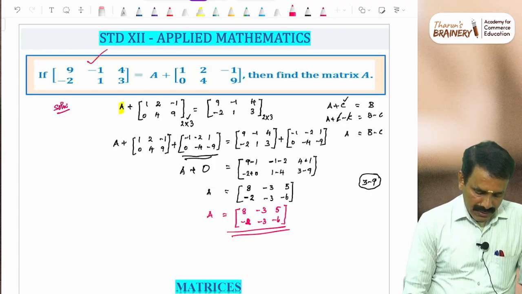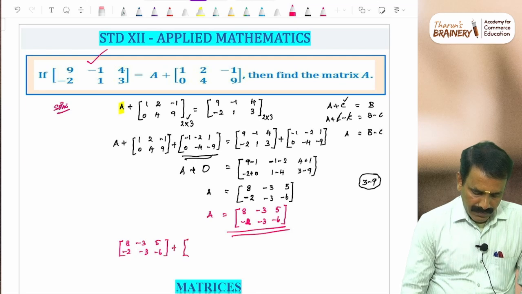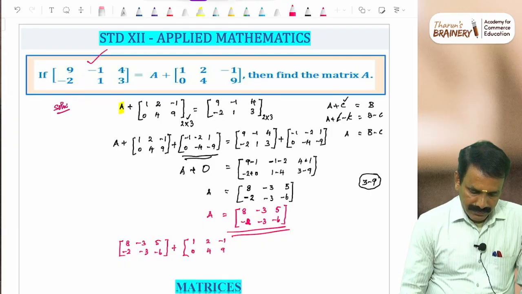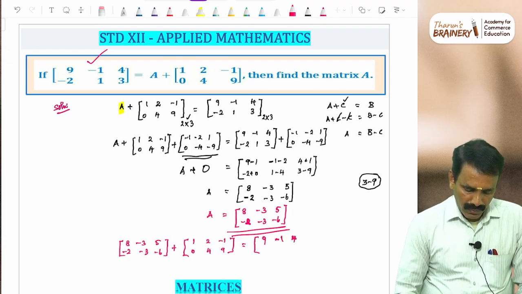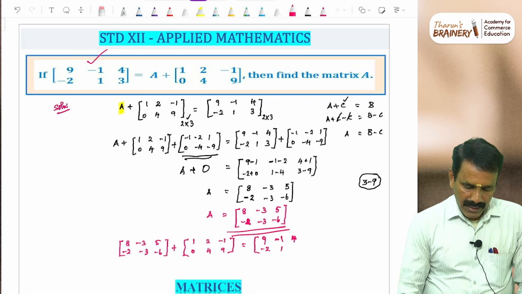Let's just check it. Okay. 8 minus 3, 5 minus 2 minus 3 minus 6. I am going to add with 1, 2 minus 1, 0, 4, 9. When you add 8 plus 1 is 9, minus 3 plus 2, minus 1, 5 plus minus 1, 4, minus 2 plus 0, minus 2, minus 3 plus 4, plus 1, minus 6 plus 9, 3.